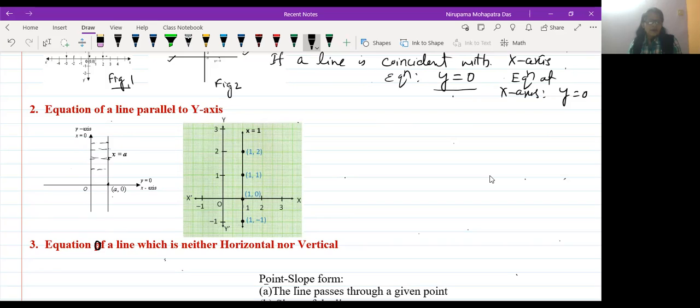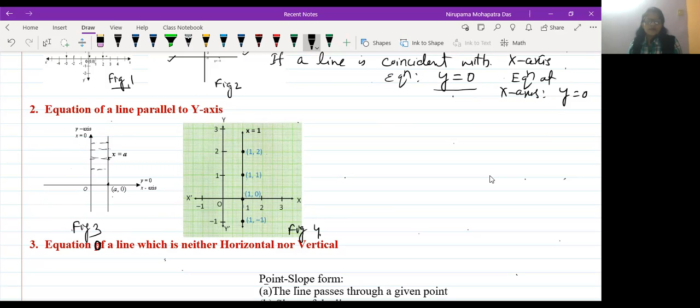In the fourth figure, this line is parallel to the y-axis, and I have taken certain points on the line, like (1, -1), (1, 0), (1, 1), (1, 2). For every point, the x coordinate remains the same.